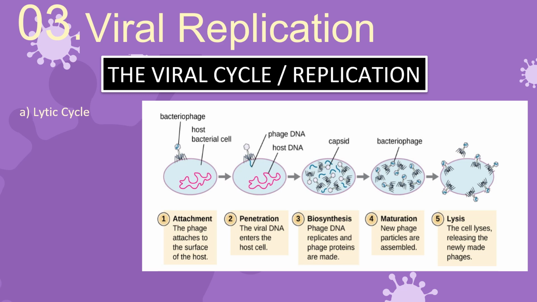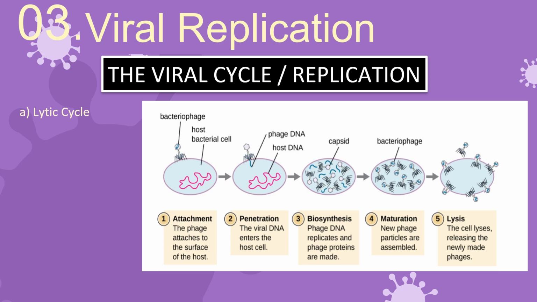So remember in the previous discussion, we said that the viral replication somehow has the same steps. So the lytic cycle follows the steps previously discussed. So yung first step natin, attachment, second is penetration, third is biosynthesis wherein the virus starts to utilize the host cell's machinery, replicating itself, and the fourth, as the number of your virions increases and matures, the newly synthesized virions assemble themselves for release.